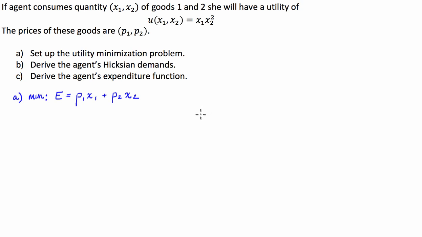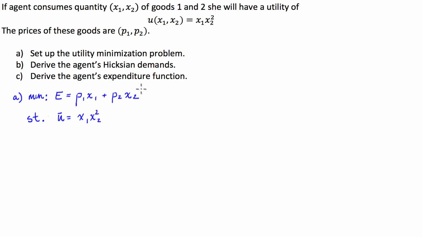Cool. Now, this is subject to, so our condition on this is that we have a fixed utility, which is given by x1 x2 squared.